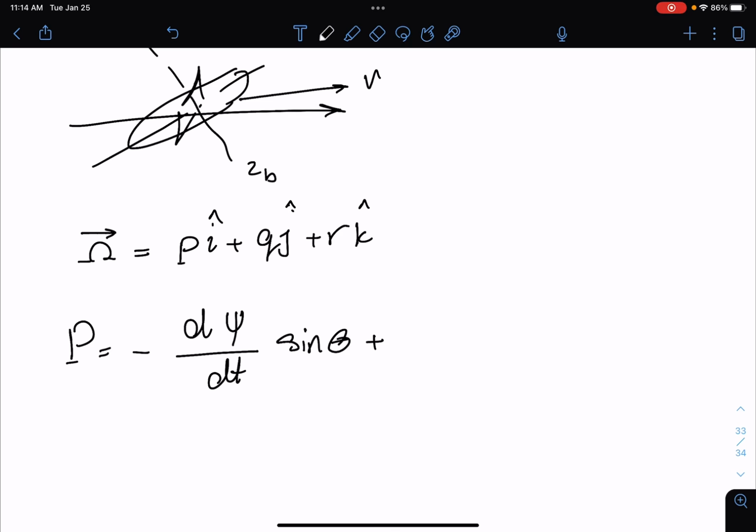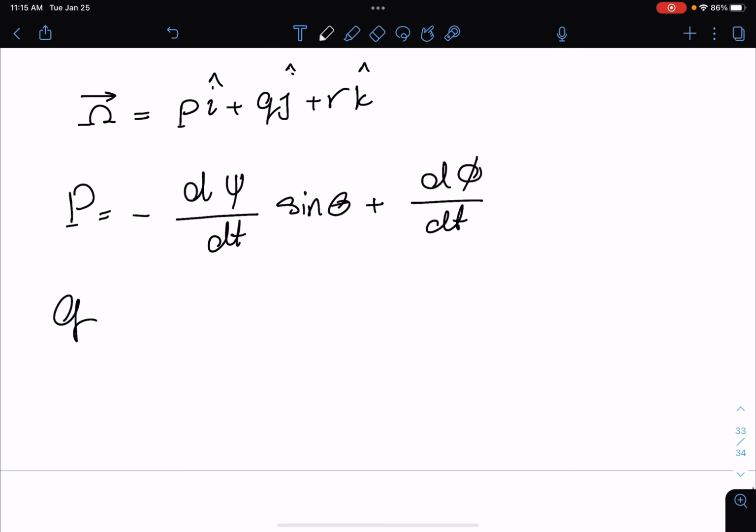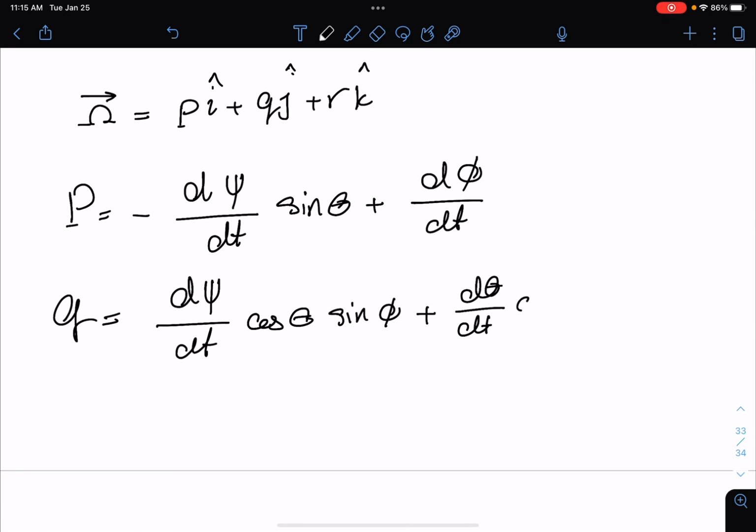So P, this x component of your angular velocity, is going to be the changes in psi in time, d psi dt, multiplied by sine of theta, plus d phi dt, this is a small phi, angle of roll. Q can be defined as d psi dt cosine of theta sine of phi plus d theta dt cosine of phi.